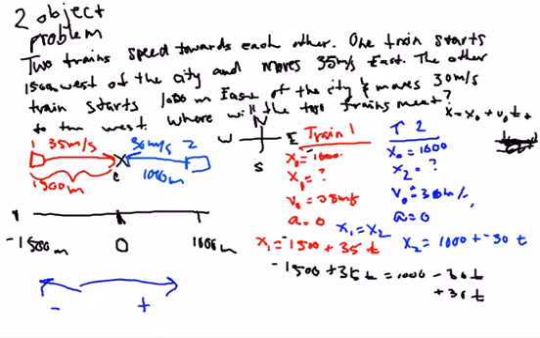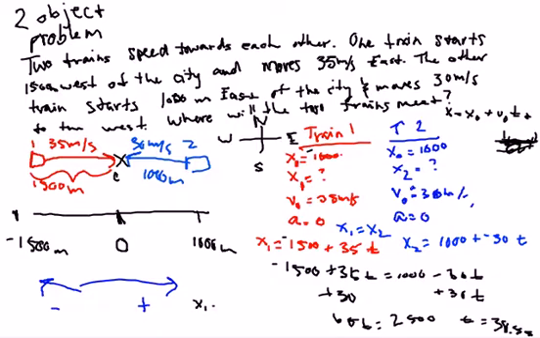That's why it looked weird. So you're going to get 65t is equal to 2,500, therefore t is equal to 38.5 seconds.